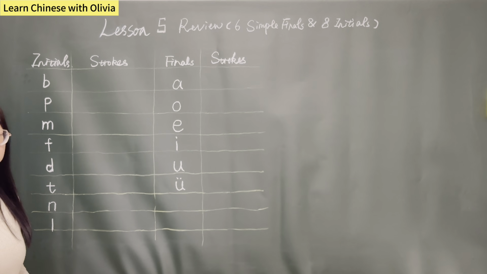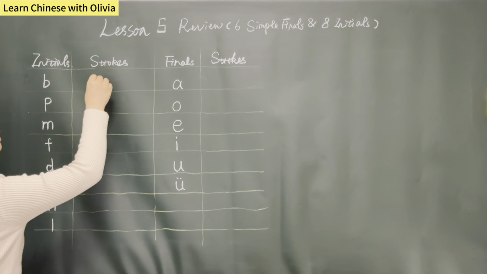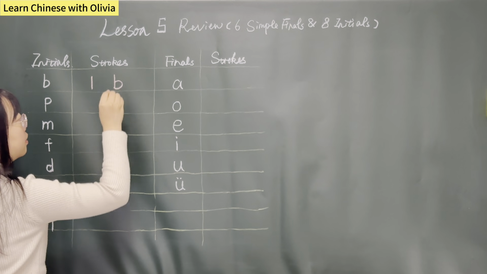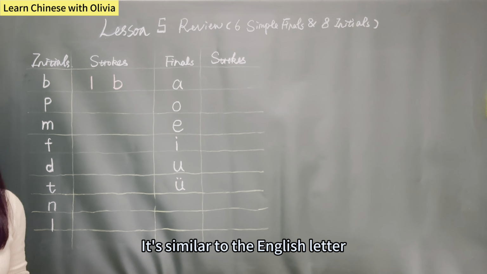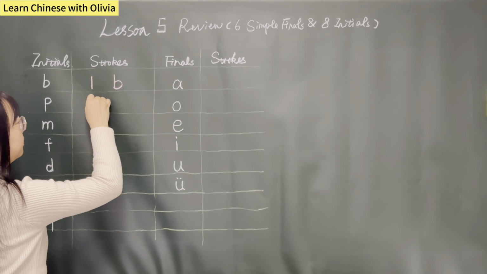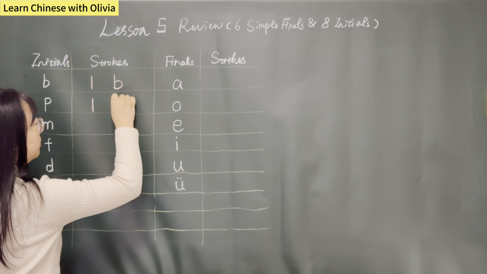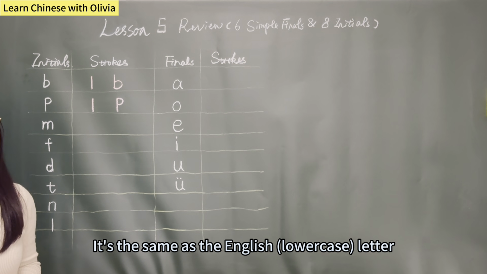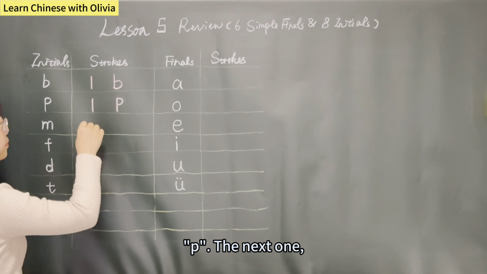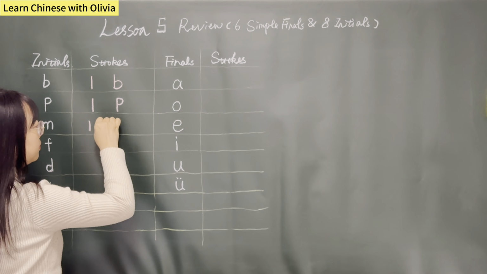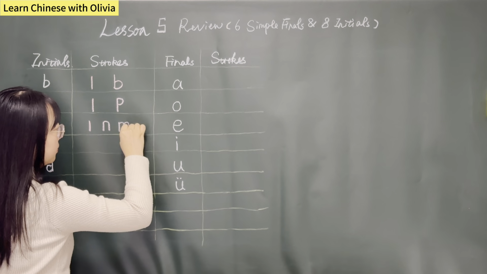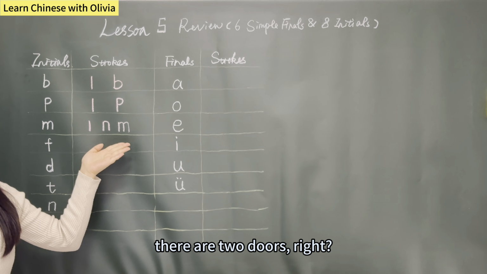For the first one, B, right? It's similar to the English letter B, right? For the next one, P, is the same as the English letter P. The next one, there are 2 doors, right?